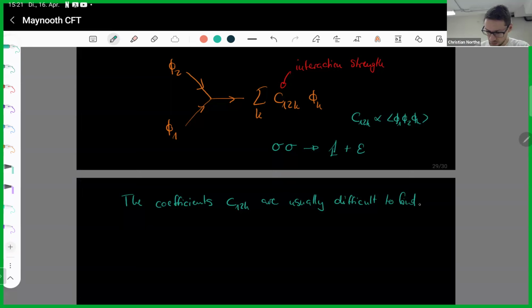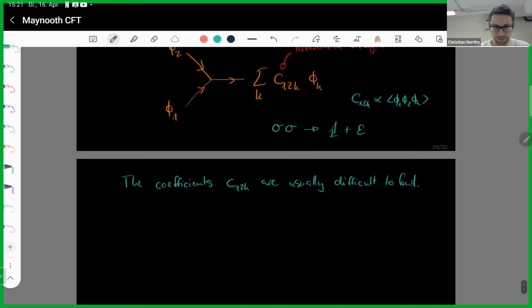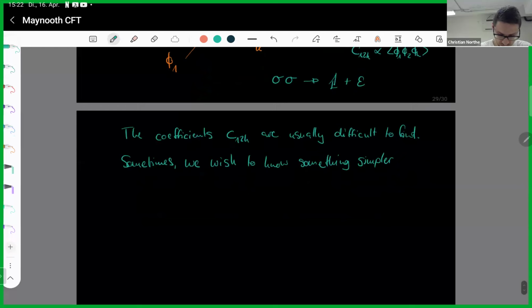But they're difficult to find, and sometimes, and this is the case for us now, we wish to answer a simpler question. So we wish to know something simpler, and let's formulate this as a question.